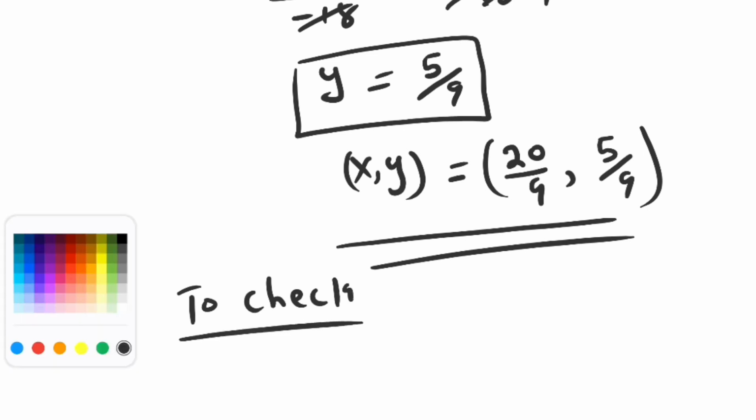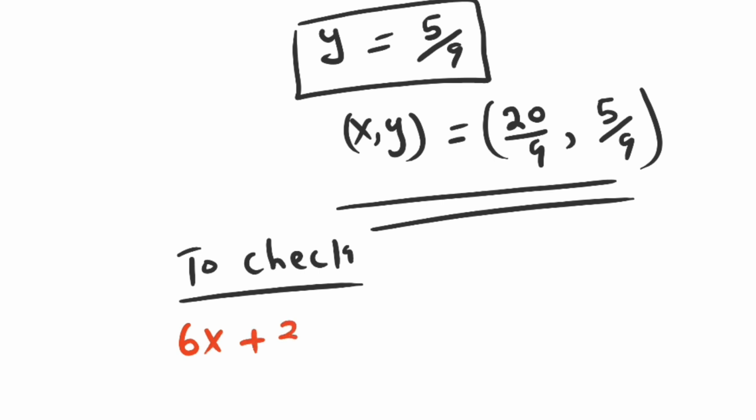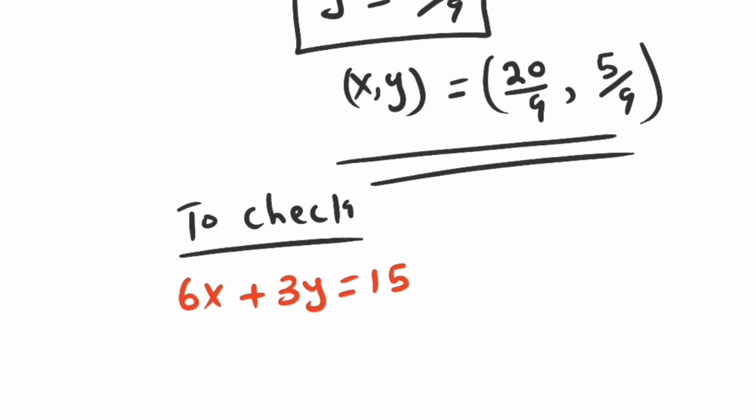To check, we have the given equation 6x plus 3y is equal to 15. Then we have 5x minus 2y is equal to 10. Now let's consider this.